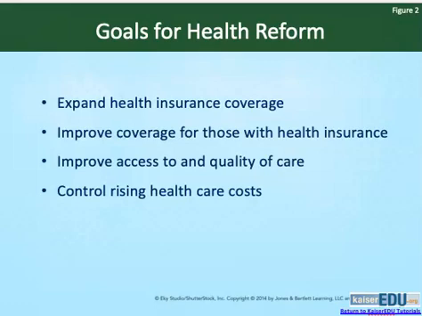Second is to improve the affordability and quality of the coverage for those who have it. Third is to improve access to and the overall quality of care that individuals receive. And of course, constrain the growth in healthcare costs. So this law includes numerous provisions designed to address each of these goals.